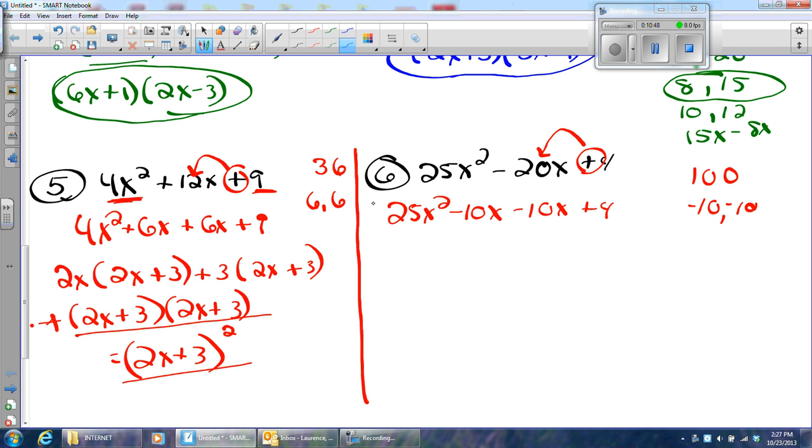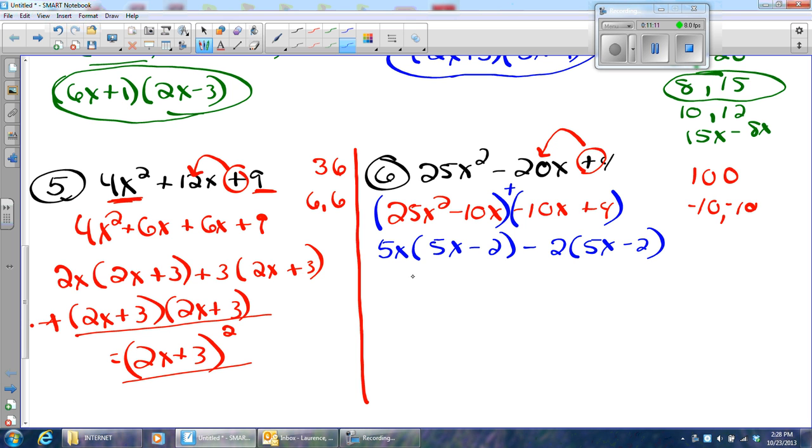Okay, going to do my grouping. Going to pull out a 5x minus 2. I'm going to pull out a negative because my first term is positive and my second is negative, but in this quantity, the first one's negative, the second positive. So I'm going to pull out a negative 2, looks like, get a 5x minus 2. I'll have a 5x minus 2 times a 5x minus 2.